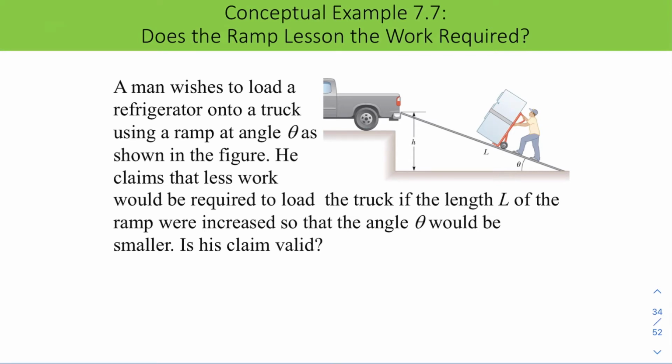A man wishes to load a refrigerator onto a truck using a ramp at angle theta, as shown in the figure. He claims that less work would be required to load the truck if the length L of the ramp were increased so that the angle would be smaller. Is his claim valid?